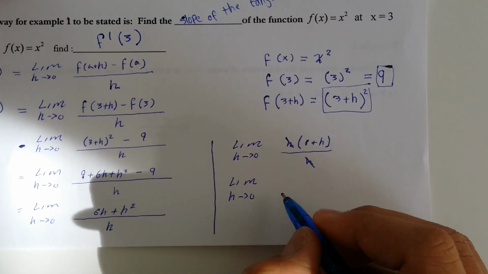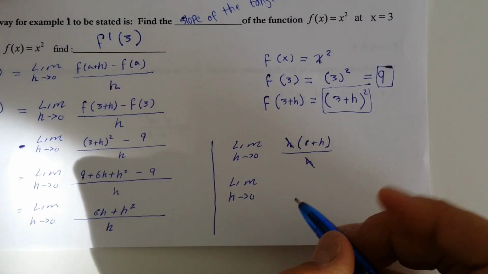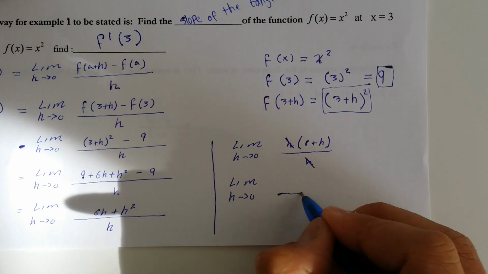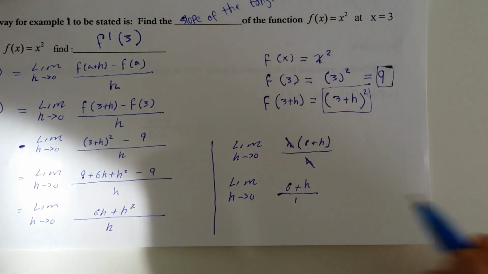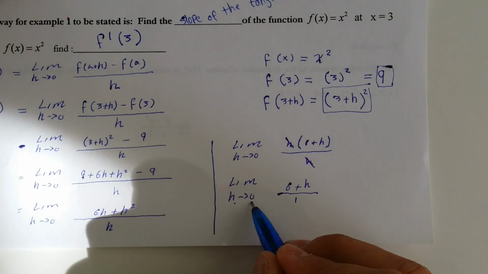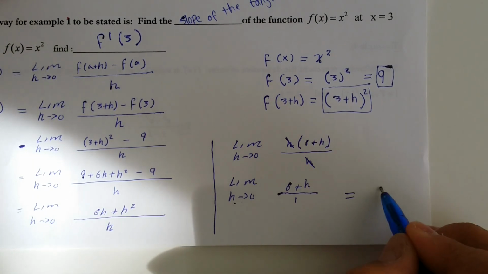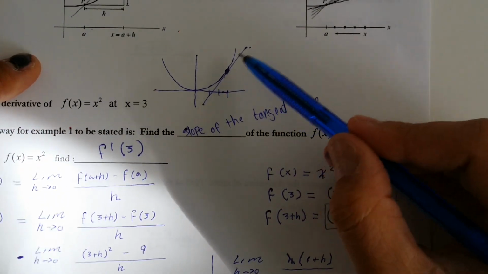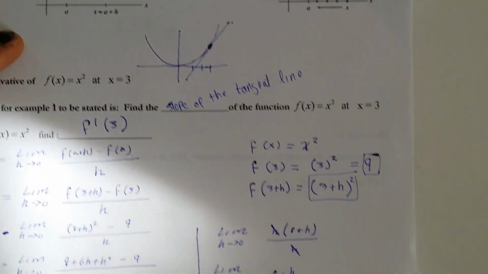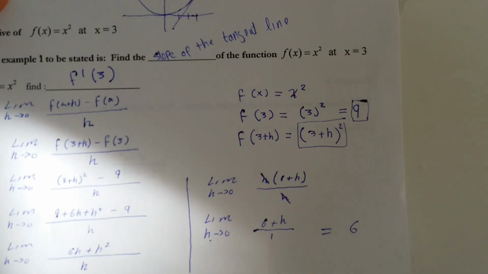You might have like 2 or 3 or up to 5, but that's not a lot. So 6 plus h over 1, right? And as h approaches 0, plug 0 in for h, and you get 6. So guess what? The slope for this tangent line is 6. The value of 6. Okay, there you go.